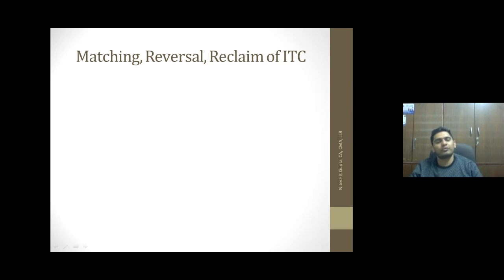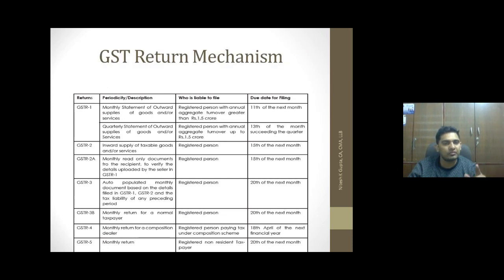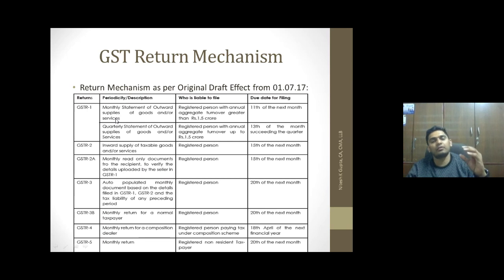So what is the process of matching, reversal and reclaim of ITC? One is matching. Like we discussed in the last class, in GST returns, GSTR 1 is a return of sales. Every invoice of sales is uploaded in GSTR 1.